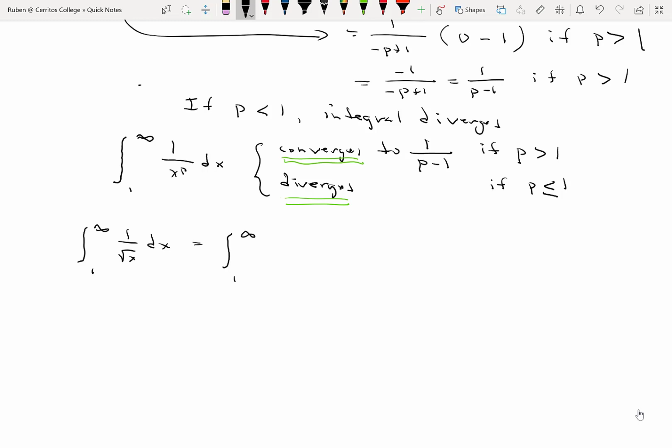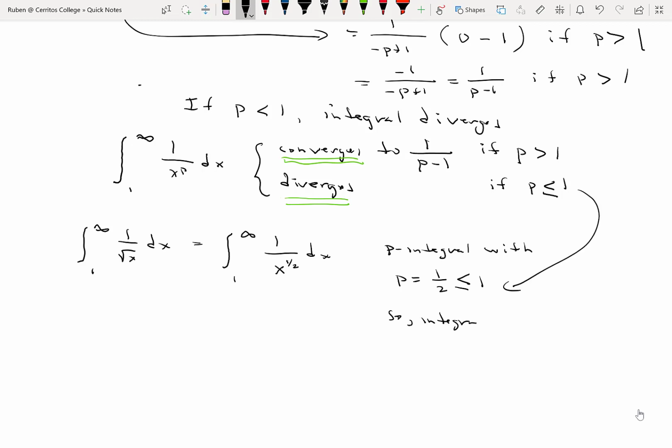This is the integral from 1 to infinity, 1 over x to the 1/2. This is a p integral with p equals 1/2. 1/2 is less than or equal to 1. So the integral diverges.